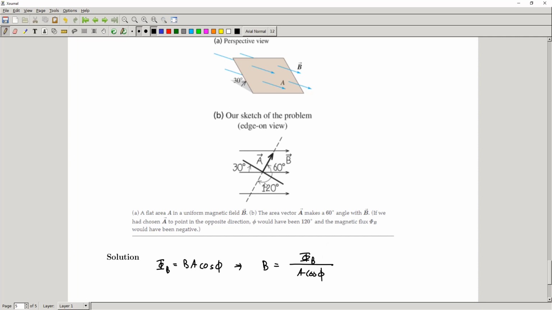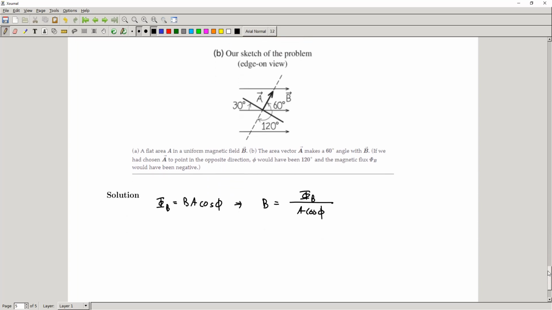Phi could right now, by everything that we've talked about so far, be either 60 or 120 degrees. But we know that the values of our magnetic flux, our magnetic field magnitude, and our area are all going to be positive values.